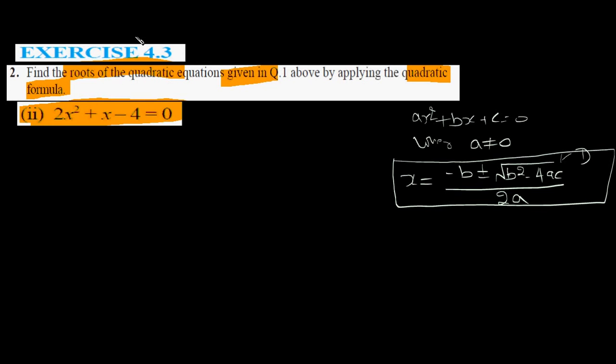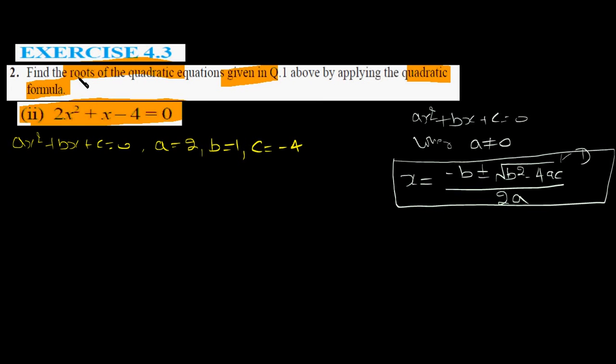So if we compare the given equation with the standard quadratic equation ax square plus bx plus c is equal to 0, we will come to know that the value of a is 2, the value of b is 1, and the value of c is minus 4.